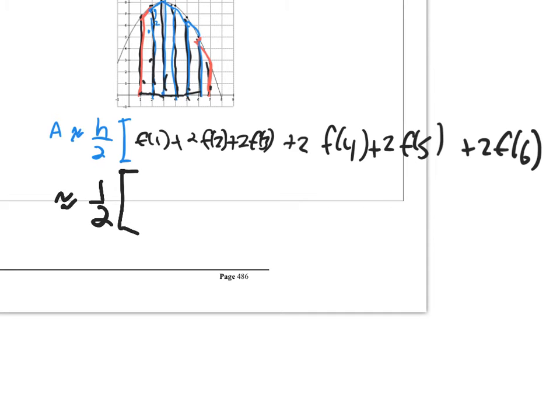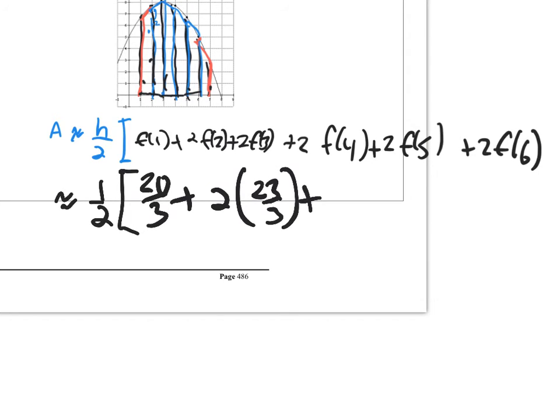What was our f of 1? 20 over 3. 2 times f of 2? 23 over 3. 2 f of 3s, yes, I'm sorry.